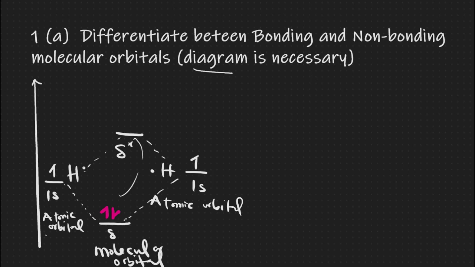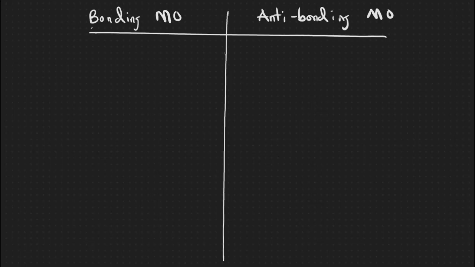So that's our diagram. Then let's differentiate the bonding from the antibonding properly using a tabular form. With our explanation and the diagram, let's finally differentiate between bonding and antibonding molecular orbitals. The bonding will always have less energy because it is always stable.